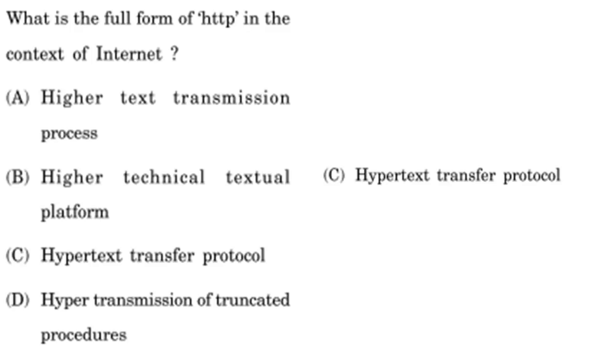For HTTP, the four options are: higher text transmission process, higher technical textual platform, hypertext transfer protocol, and hyper transmission of truncated procedure. So the option, as I have written here, is hypertext transfer protocol. Please remember, www is World Wide Web, and HTTP is hypertext transfer protocol.